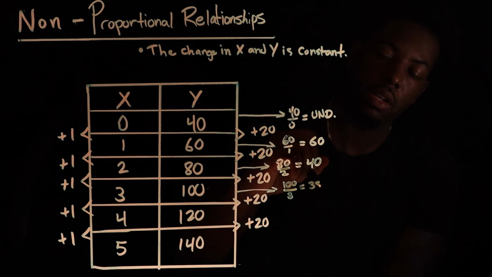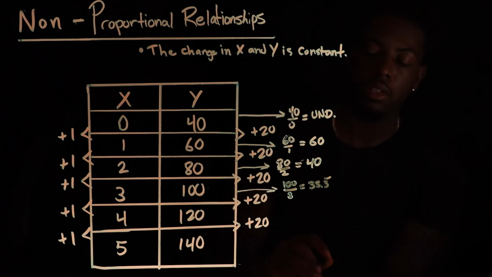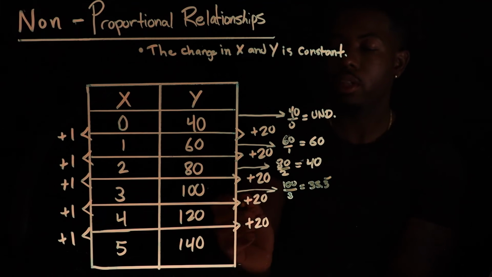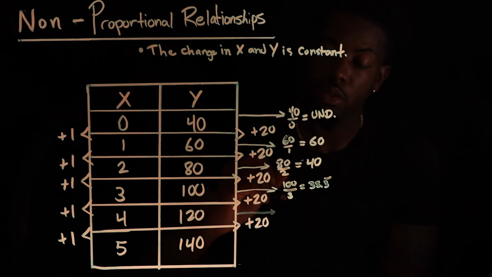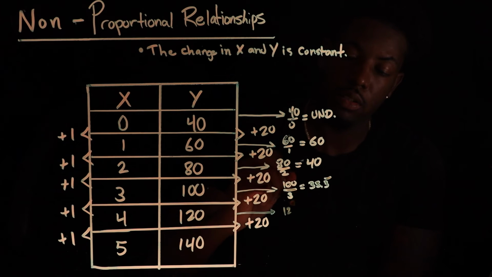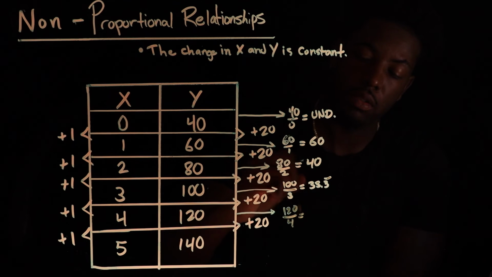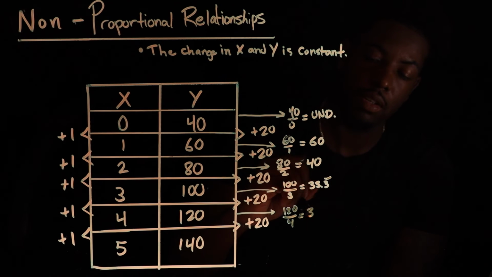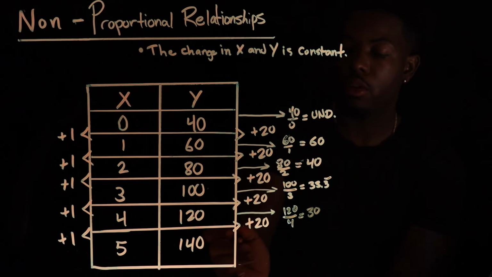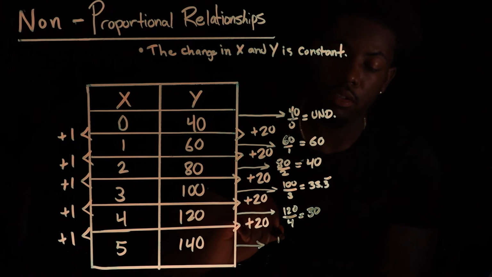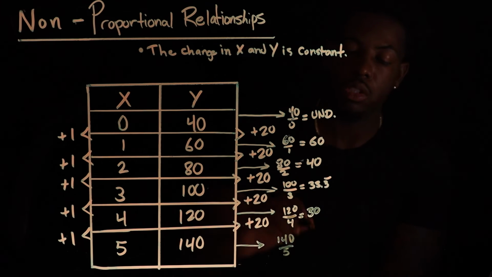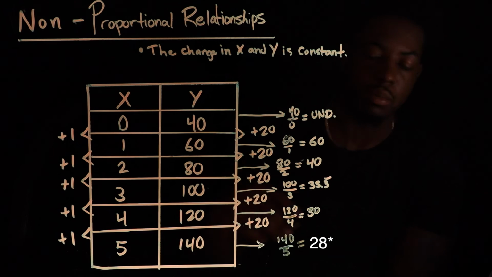It's going to be 33.3 repeating. Let's keep it going. 120 divided by 4, which is going to be 30. And then 140 divided by 5, which is also going to get us some decimal number.